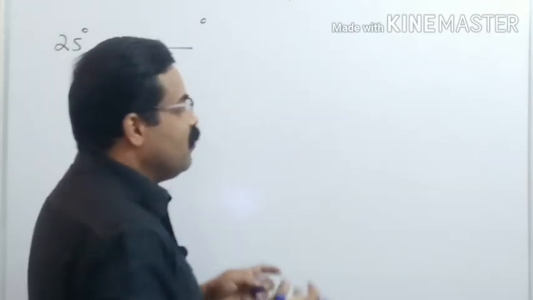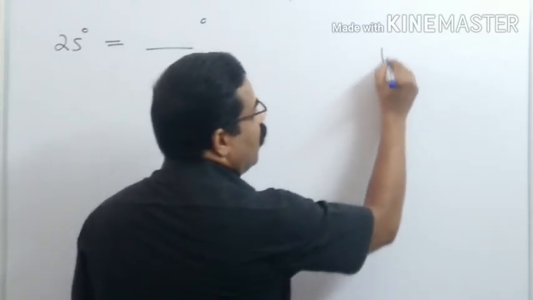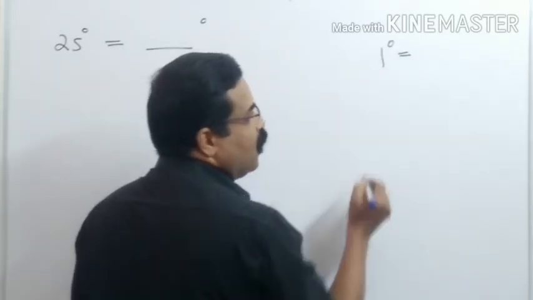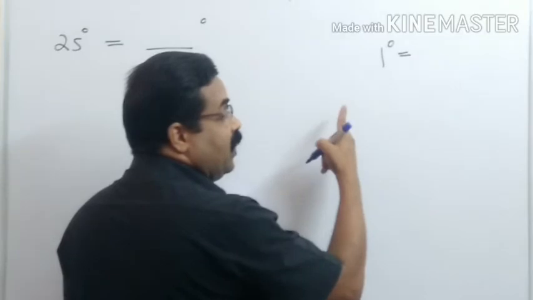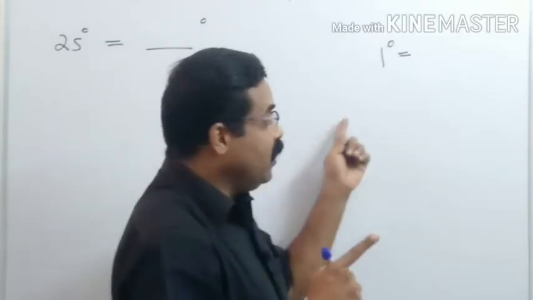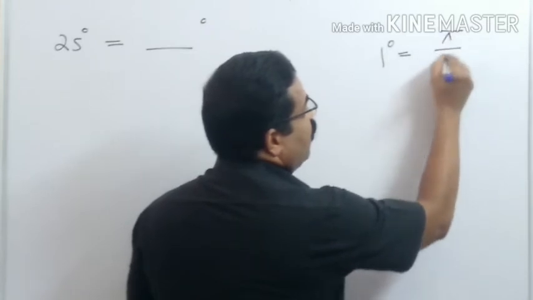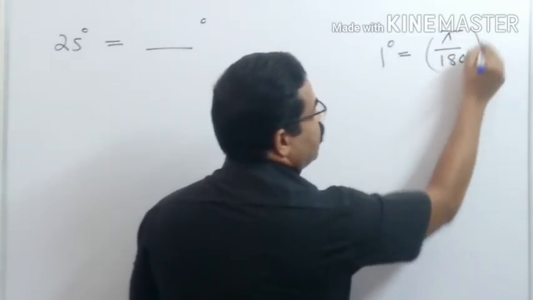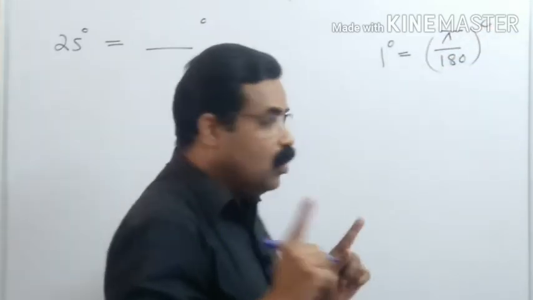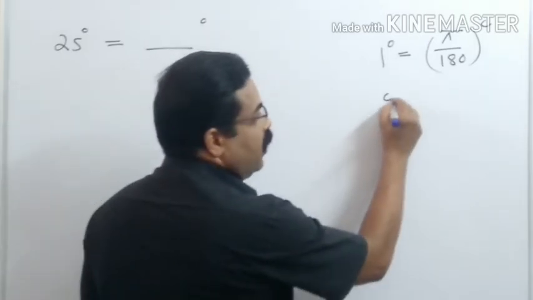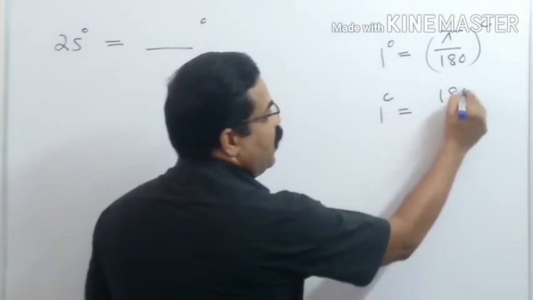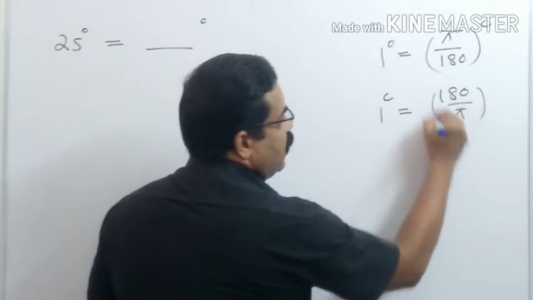Now we have the formula here. What is the formula? We know 180 degree is equal to pi radian. So 1 degree is equal to pi by 180 radian. Similarly, 1 radian is equal to 180 by pi degree.